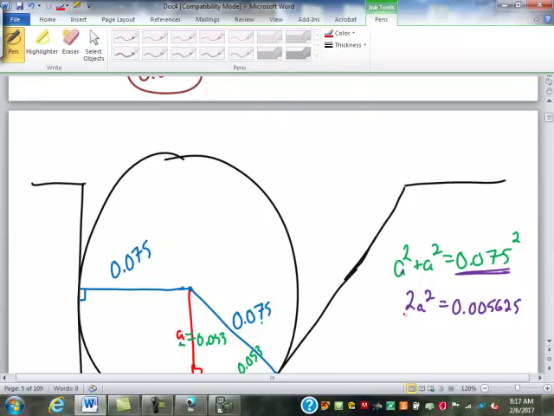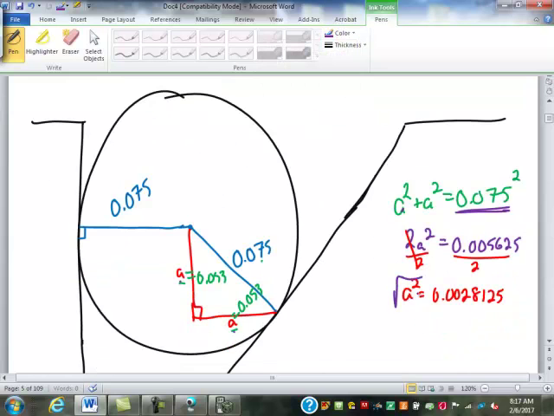Now you're going to divide by 2. A squared equals 0.00282125. Then you're going to square root it. So A equals 0.053. That tells us that each of these dimensions here and here is 53 thousandths.